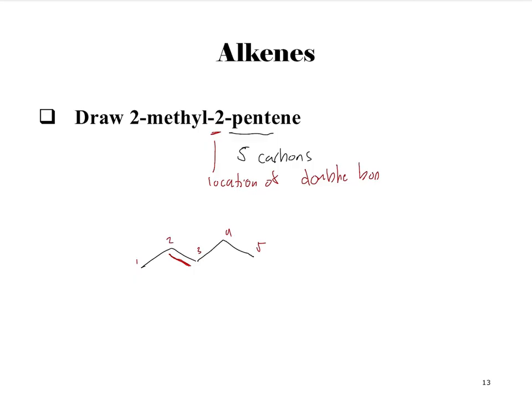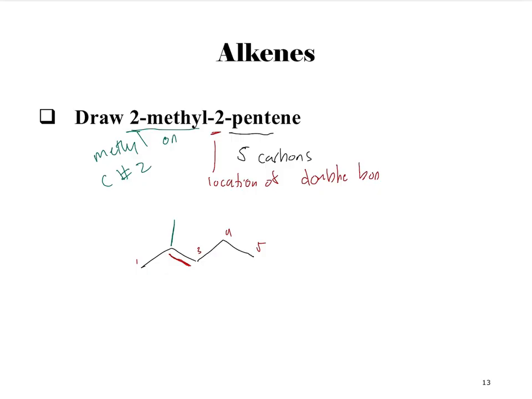A methyl group, right? So this means that there's a methyl on carbon number 2. And methyl has how many carbons in it? 1, right? So I'm just going to erase this 2 here because it's in the way, and this is just going to go up like that. So this would be 2-methylpentene.